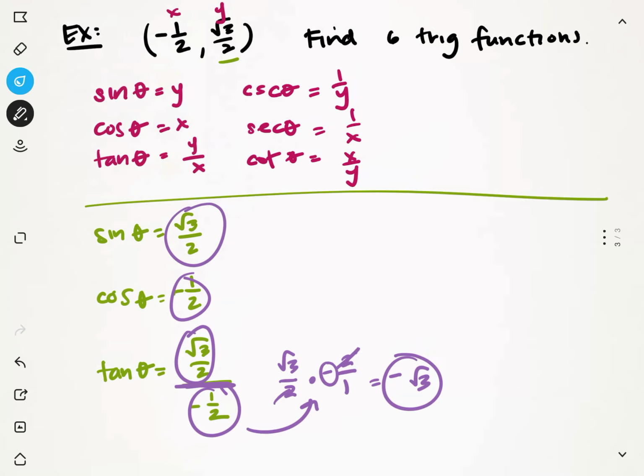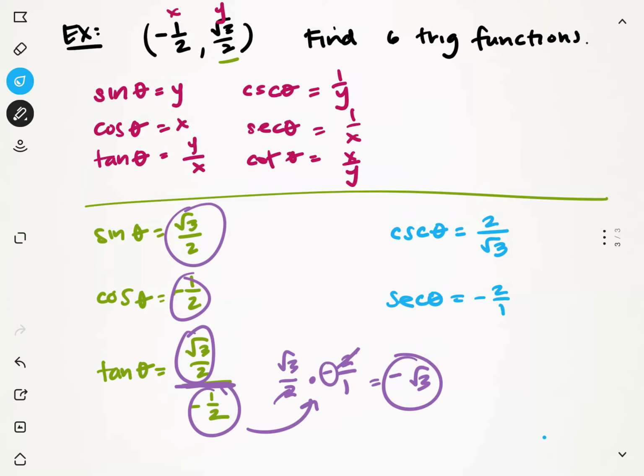Now let's do our reciprocals. So the reciprocal of sine is cosecant. And we're going to reciprocate this. The reciprocal of cosine is secant. We're going to reciprocate -1/2.